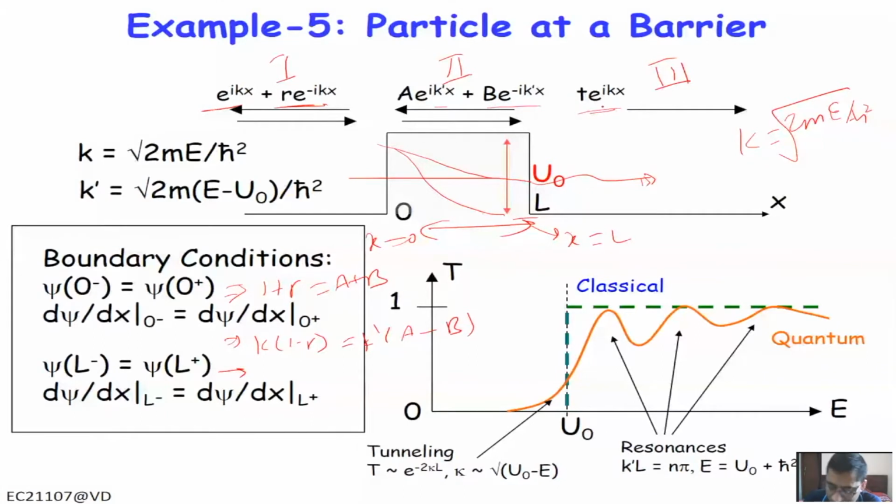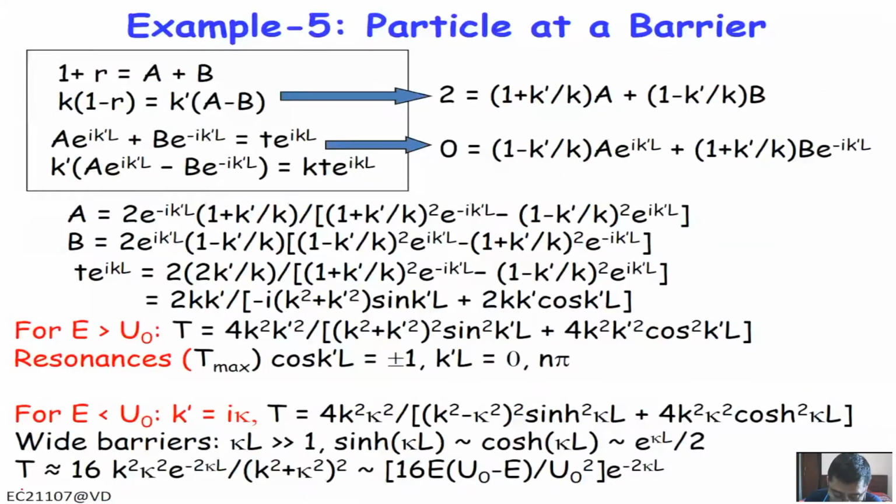This I will explain later. First let's look at the equations. This is the boundary condition at x equal to 0, and this is at x equal to L. This is by equating the wave function, and this is by equating the derivative of the wave function, so it gets multiplied by k here and k prime here. And because it's minus iota k prime, there's a minus sign here.